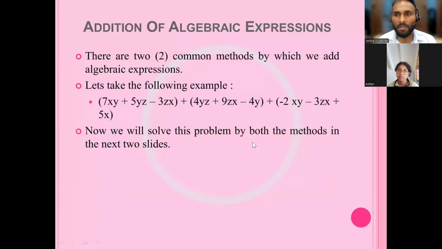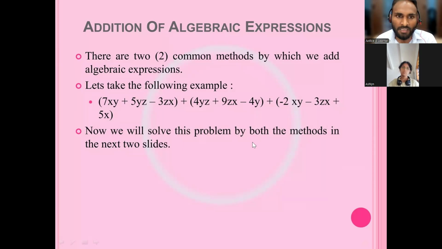So now coming to this part, addition of algebraic expressions. You have already understood like algebraic expressions and unlike algebraic expressions. Any mathematical operation would be done on like algebraic expressions. In case of unlike algebraic expressions, we will not be able to perform operations, but we can write them.